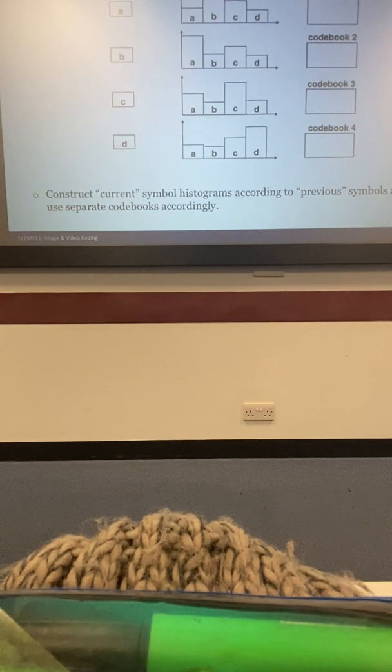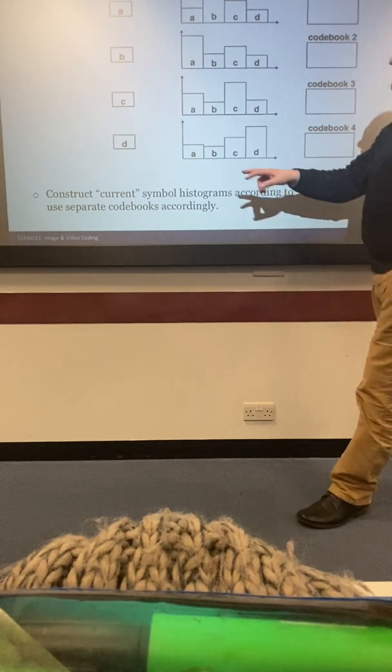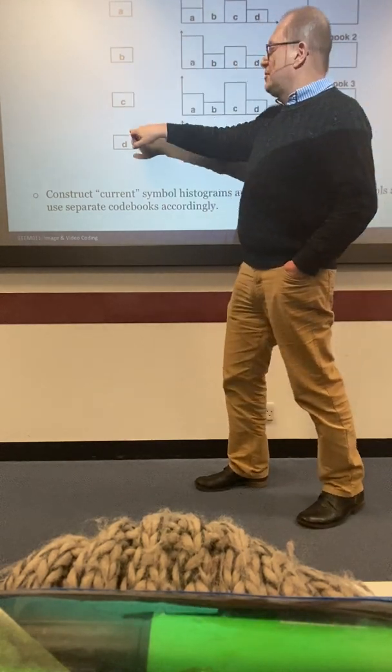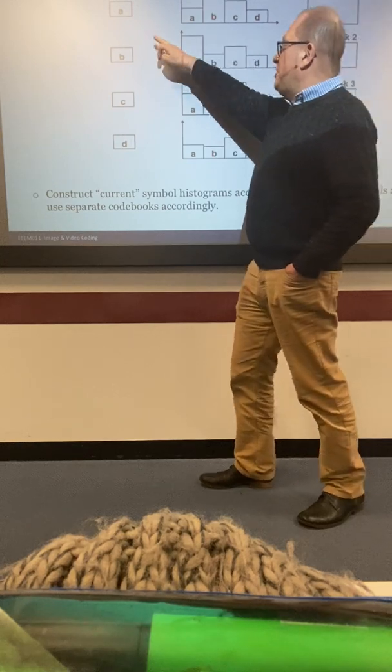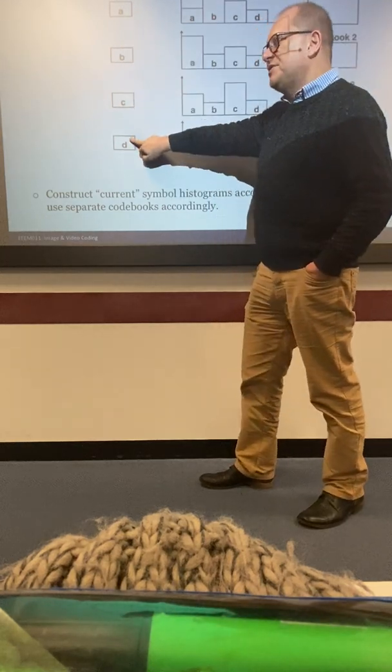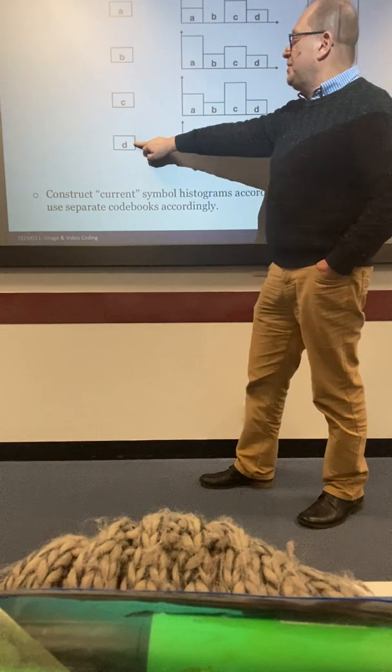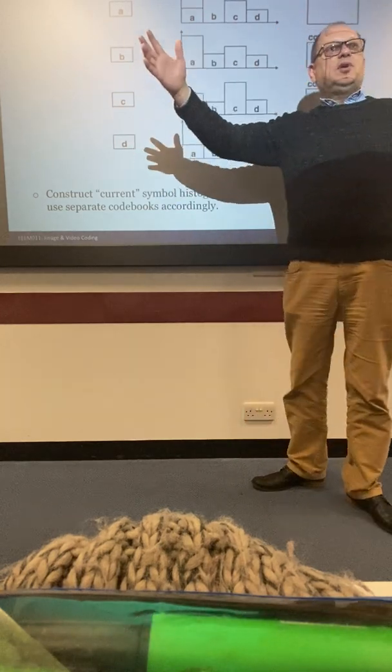So, we can also do that in the conditional way. So what we can say is, what was the previous symbol? Depending on the previous symbol, because I have 4 symbols, A, B, C, and D, the previous symbol can be only one of them.